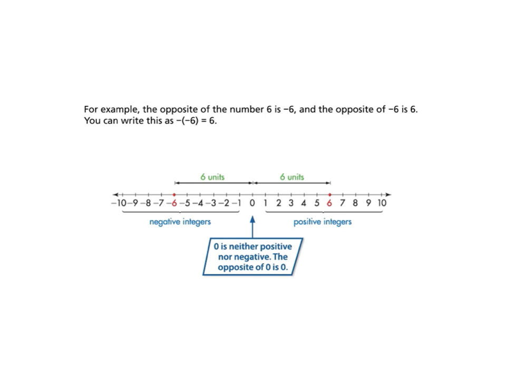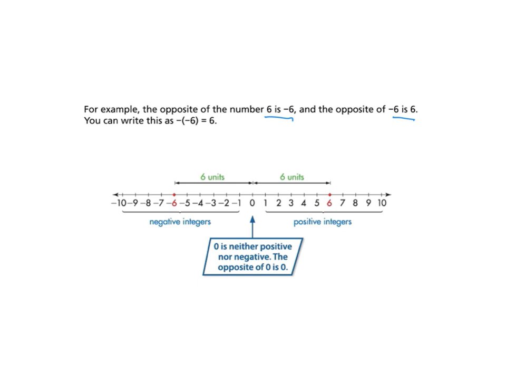Another thing I want to talk about is that you can say the opposite of the opposite, which can sound confusing. For example, the opposite of the number 6 is negative 6, and the opposite of negative 6 is 6. You can write this as negative, parentheses, negative 6, parentheses, equals 6.